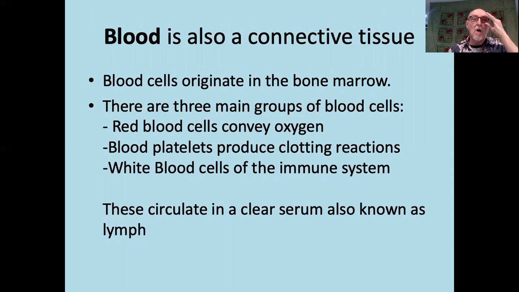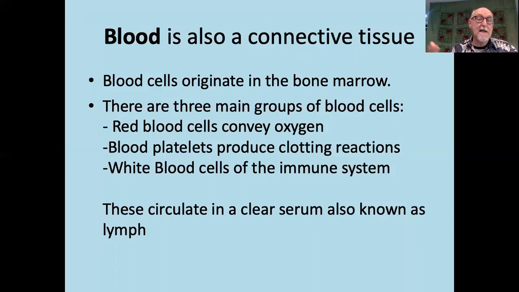But all of the cells of blood originate in the bone marrow. Surprisingly enough, although they're very different to one another, the cells all have a common origin. They share a common ancestor in the red marrow of the bones.